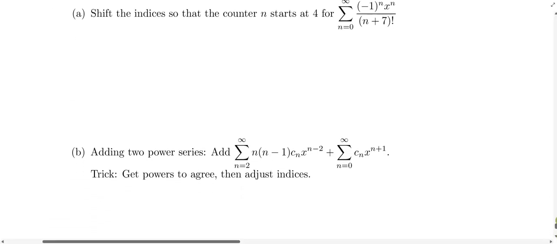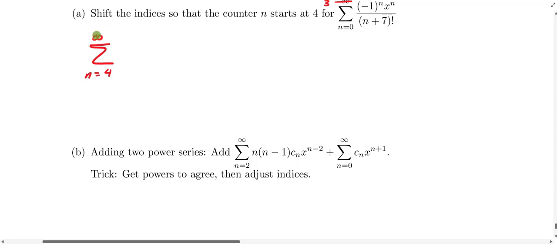So let's practice shifting those indices again. What I'd like to do is we want the counter, in this case, to start at 4. So I'm going to give myself what I want in the counter. Notice if I had a finite sum, like if this were to 3, then I would do 3 plus 4, and I'd now be going up to 7.